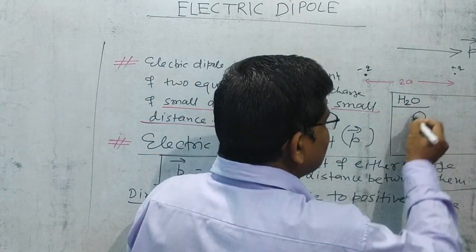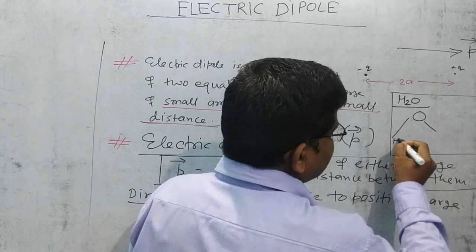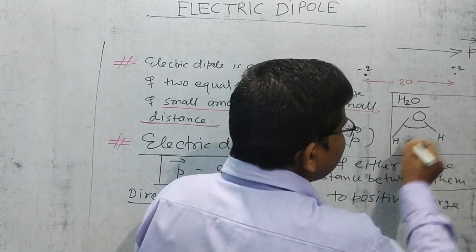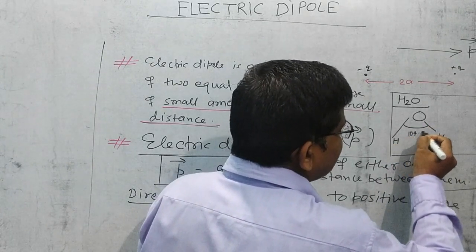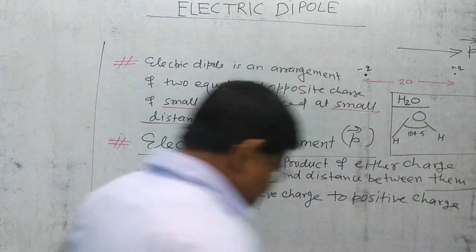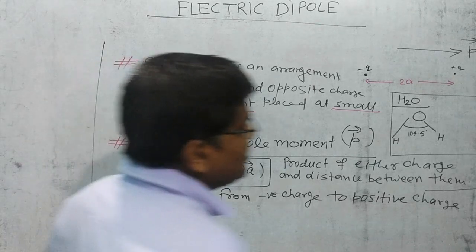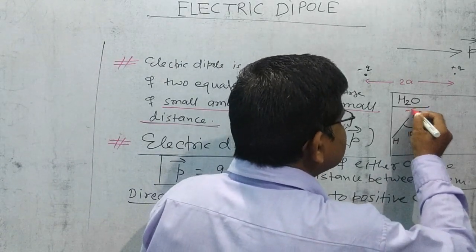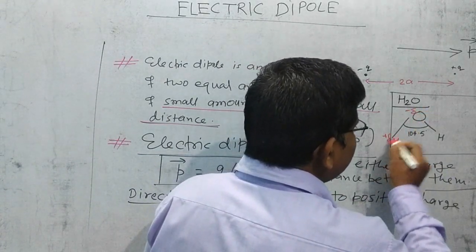As you know, the structure of H2O is an open book structure, H and H, and the angle between these is 104.5 degrees. Oxygen has a partial negative charge, and each hydrogen has a partial positive charge.